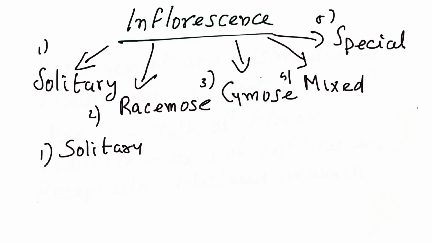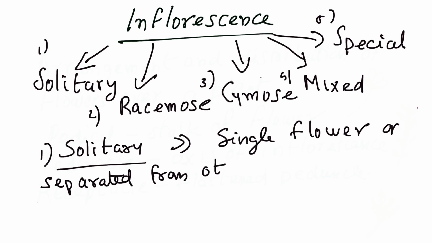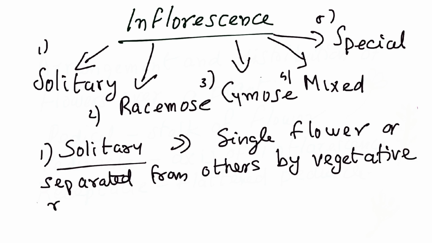We begin with the solitary case. As the wording indicates, we are dealing with a single flower which is separated from other flowers by vegetative regions, so it could be nodes or internodes. The vegetative part of the plant separates a particular flower from another flower. Solitary in the sense that it's a single flower, but there are many flowers arising in a particular location.